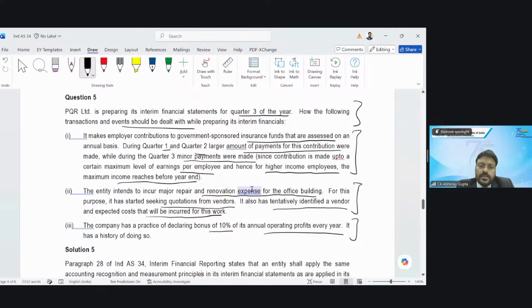What about the bonus? 10%. What are you going to do for that? Any suggestions? Treatment of the bonus which the company pays to all its employees at the rate of 10% every year.